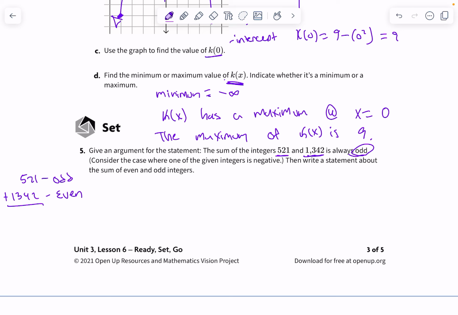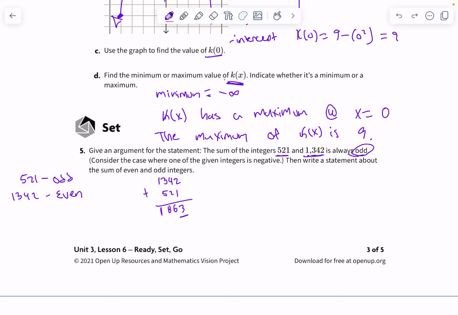We have 1342 plus 521. This is 3, this is 6, this is 8, this is 1. So it ends up being an odd number. Okay, so that's where we are. So we know it is odd, but that's just for these particular numbers.